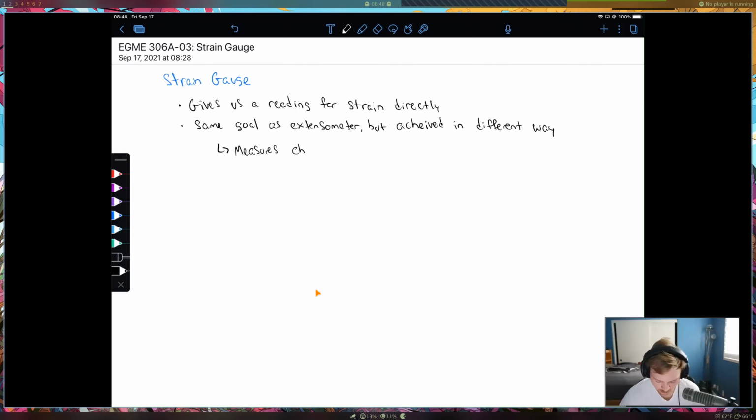It's pretty simple. This change in electrical resistance is going to be linearly proportional to the change in deformation, or the change in strain.